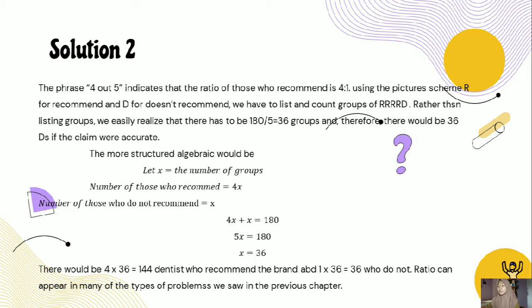So x equals 36. There will be 4 multiplied by 36 equals 144 dentists who recommend the brand, and 1 times 36 equals 36 who do not. Ratio can appear in many of the types of problems we saw in the previous chapter.